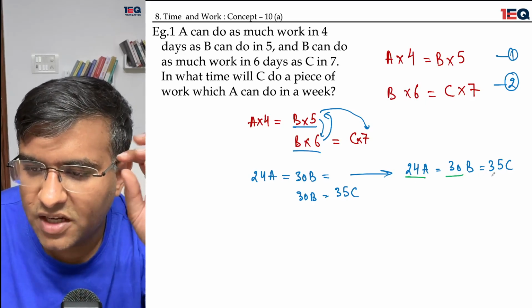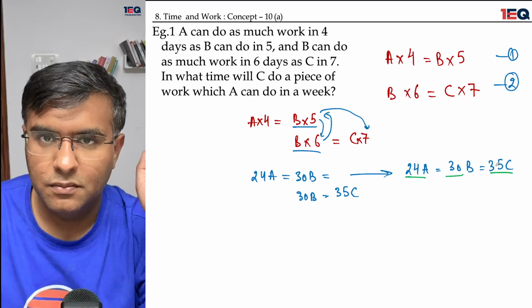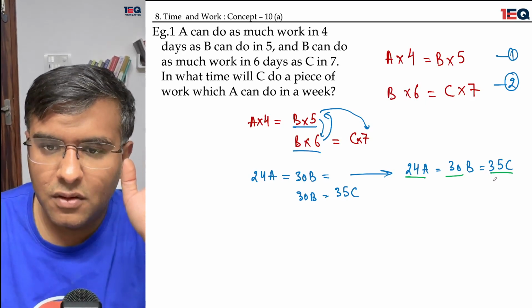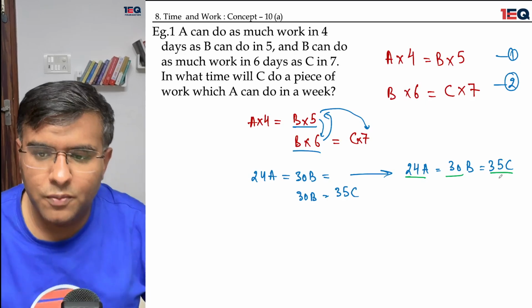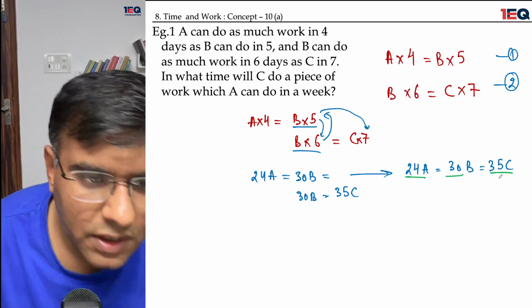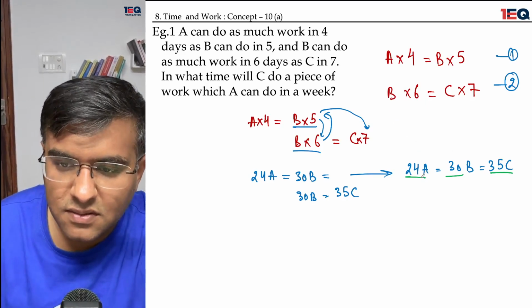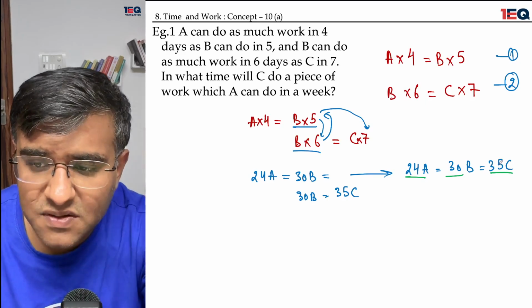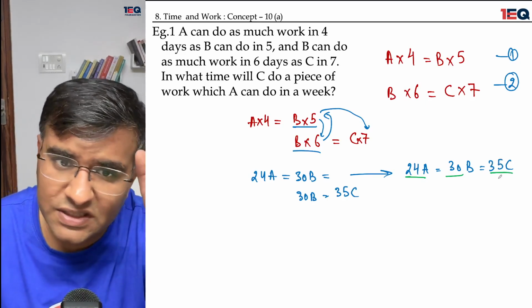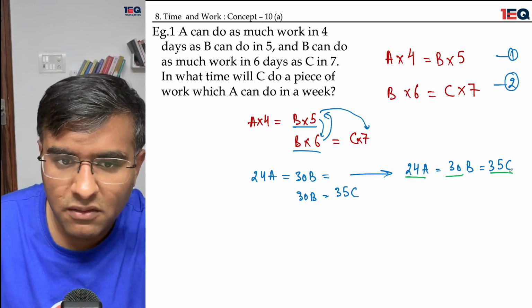Okay, I have gotten this value with me. Now this means that 24 days of A's work is equal to 30 days of B's work is equal to 35 days of C's work. Right? We are good to go.